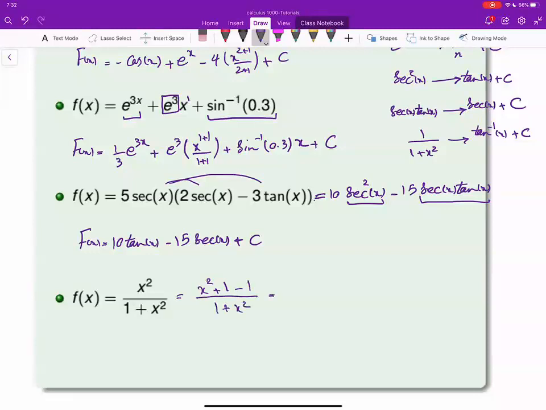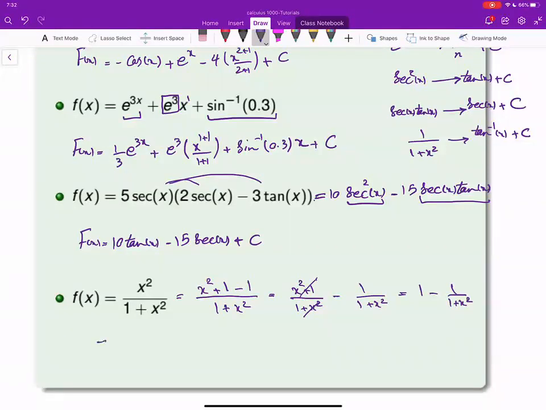This way, I will have a little bit longer fraction, but then I can separate x squared plus 1 over the denominator 1 plus x squared, and 1 over there. But these two guys cancel each other. This is 1 minus 1 over 1 plus x squared.